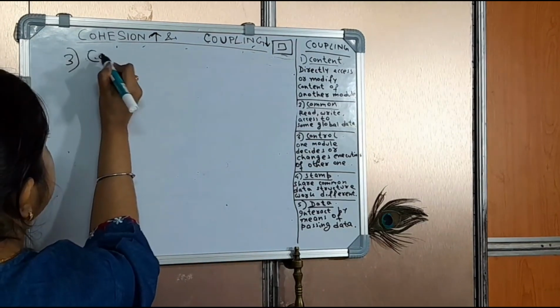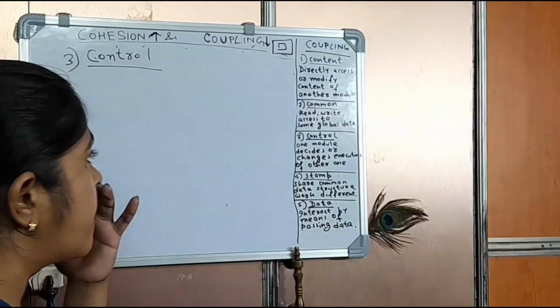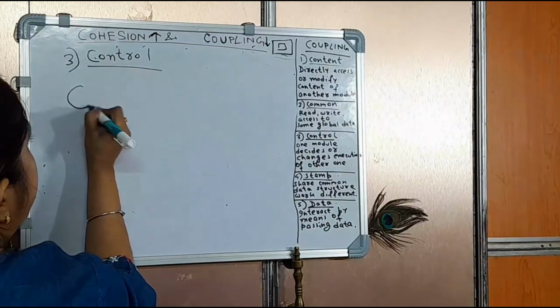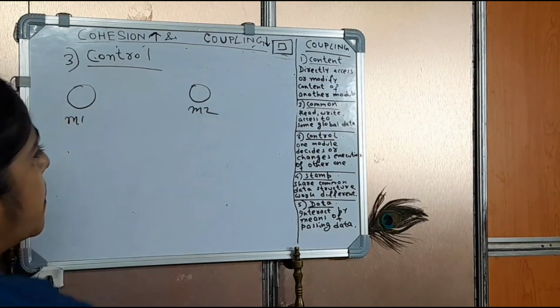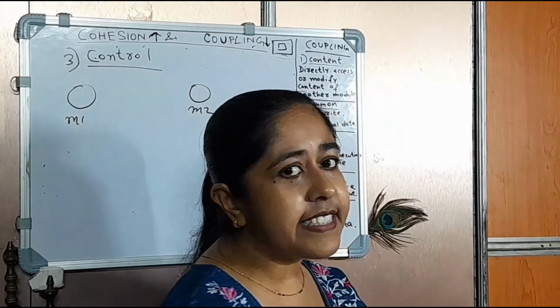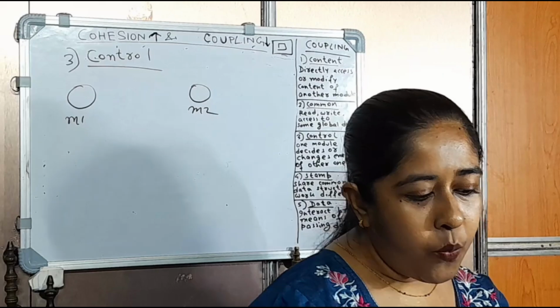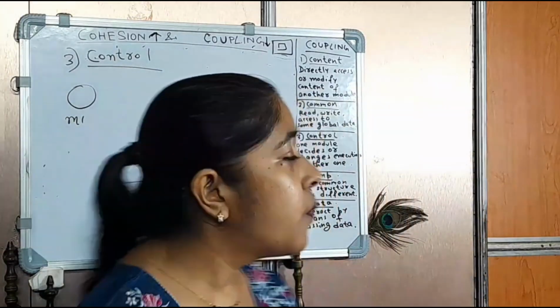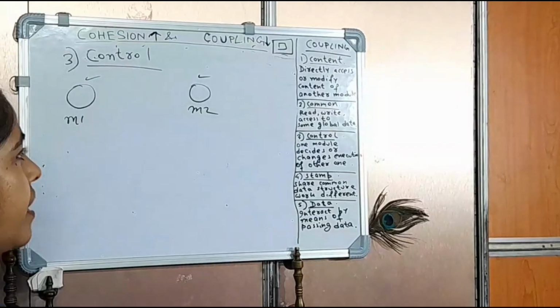Third type, that is control coupling. What is control coupling? Here, when we are talking about two modules, this is my module 1, this is my module 2. One module decides or changes the execution of the other module. What decides? Either this or this, any module.